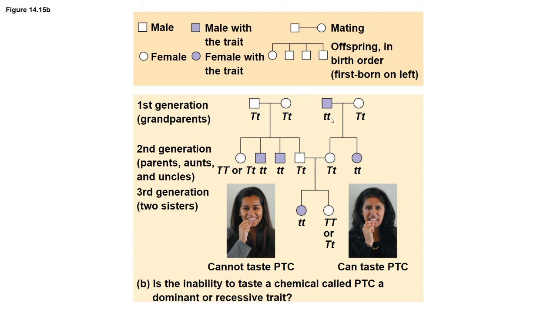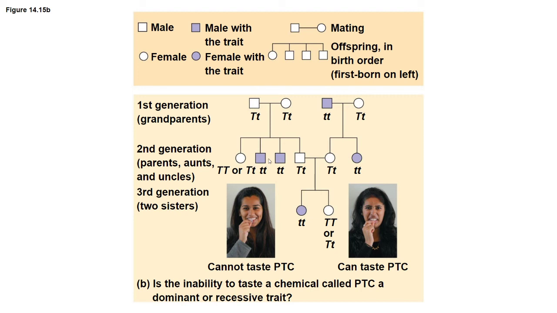Now, if we weren't looking at any of these letters, and we're just going off of having nothing here, and we were to have someone who doesn't have PTC tasting having children with another person who does not have PTC tasting, so both of these people are empty shapes, so they are not showing the trait.